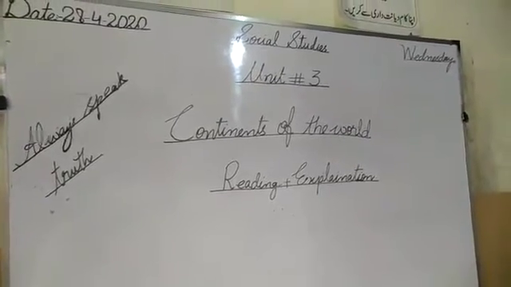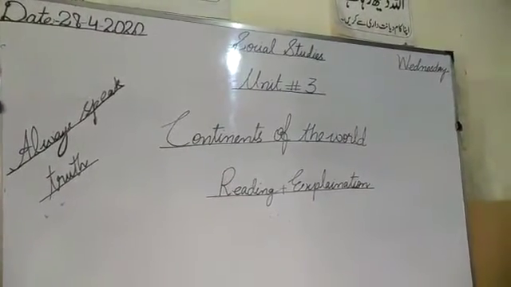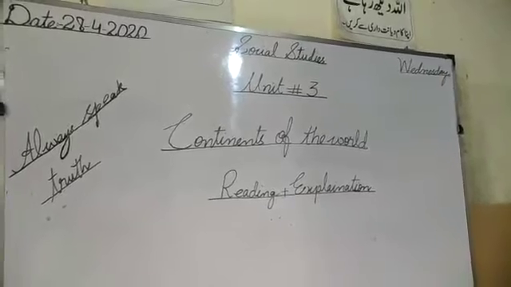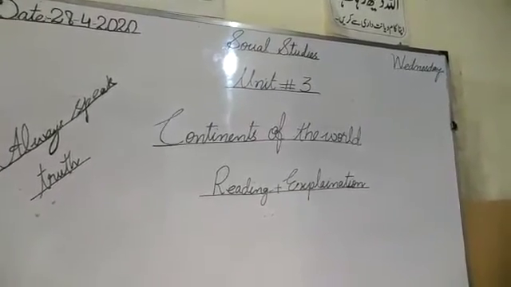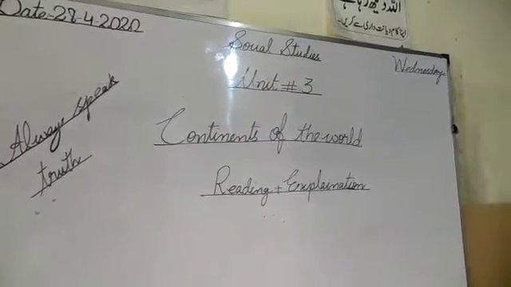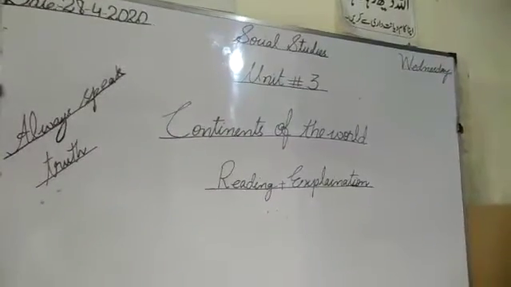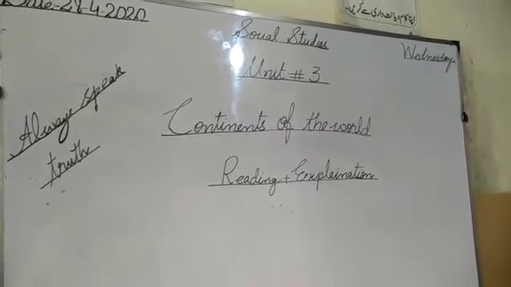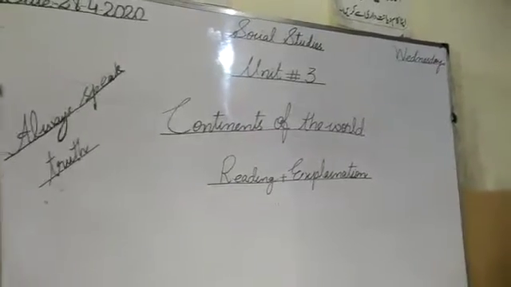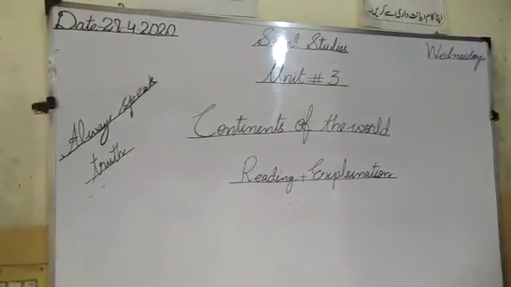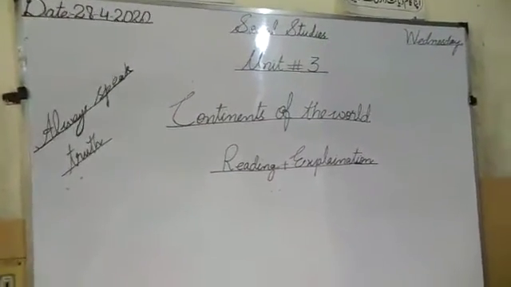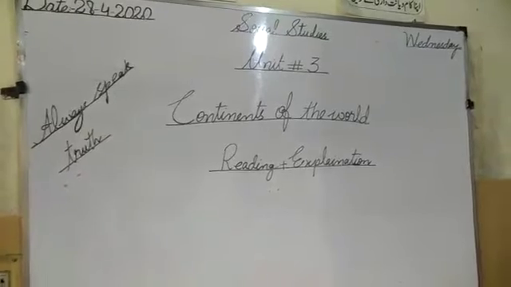Okay students, today we are going to start our unit number 3. Before we get started, let's discuss something about our planet Earth. Before 250 million years ago, Earth consisted of a single continent.